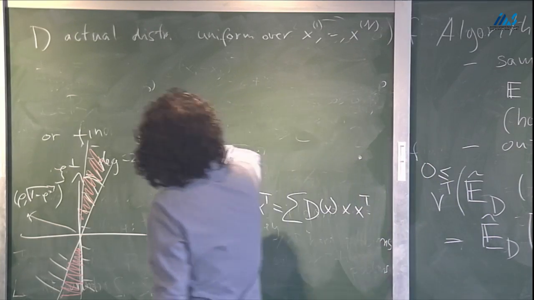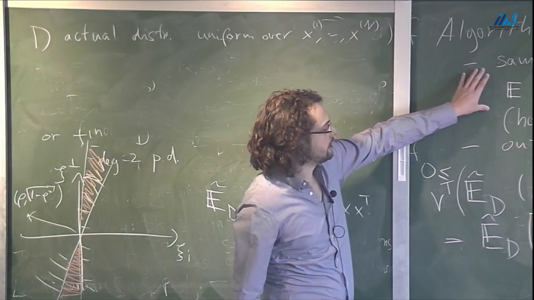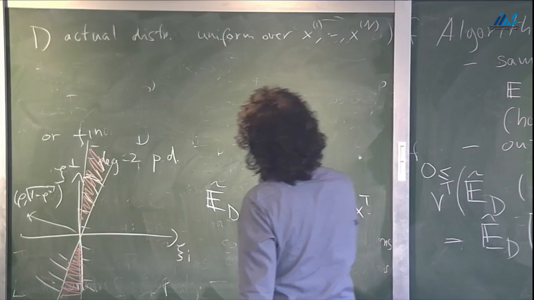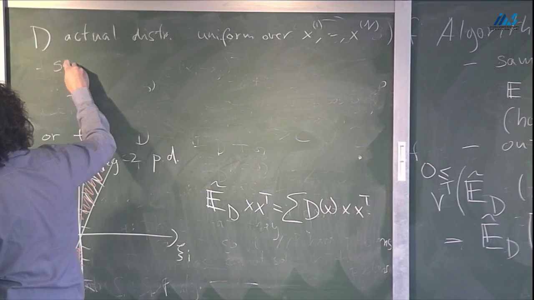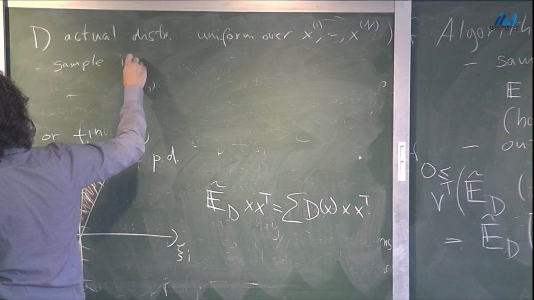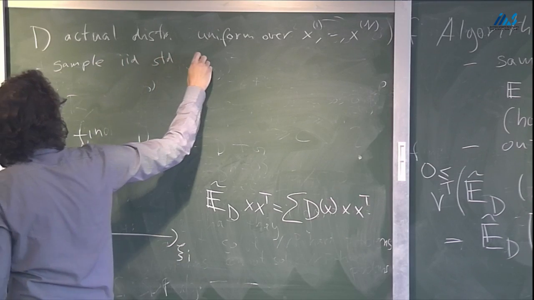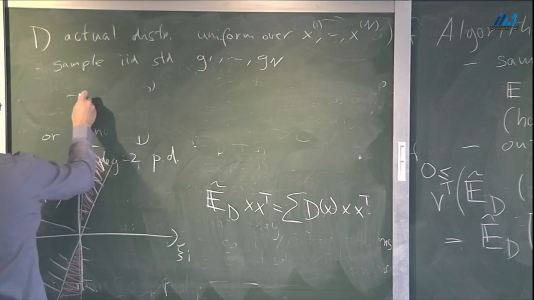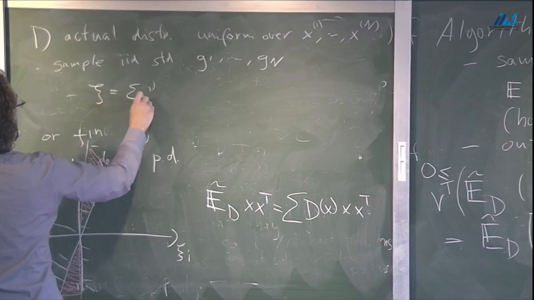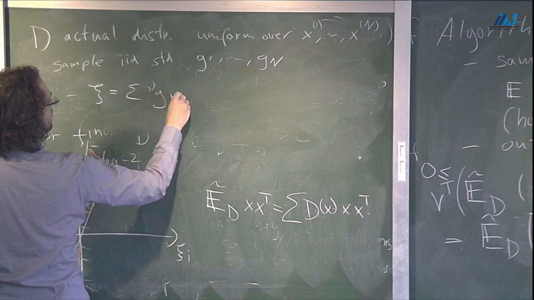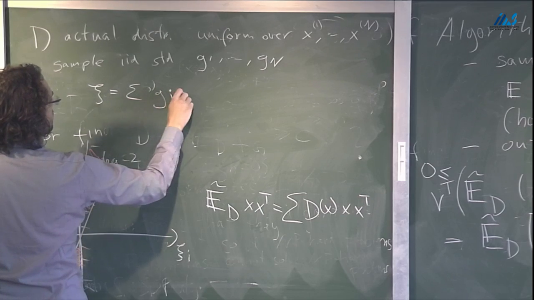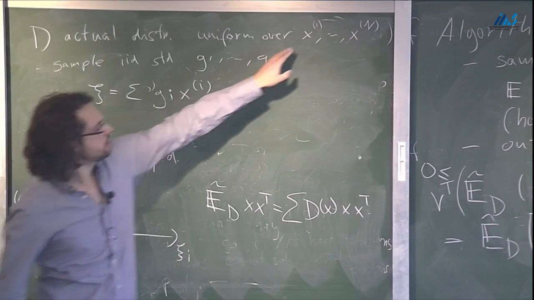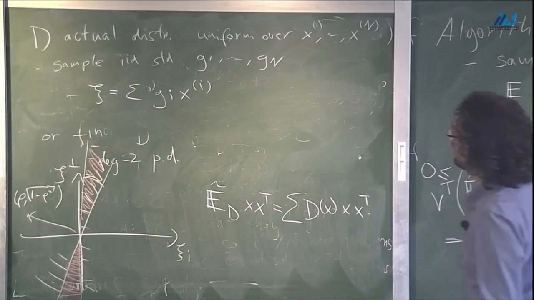And it turns out that you can think of this Gaussian rounding as combining these points in the following way. You sample independent standard Gaussians g1 up to g capital N, and you look at the vector, the sum over i of g_i times x_i. So you sum up the solutions weighted by the Gaussians that you sampled.